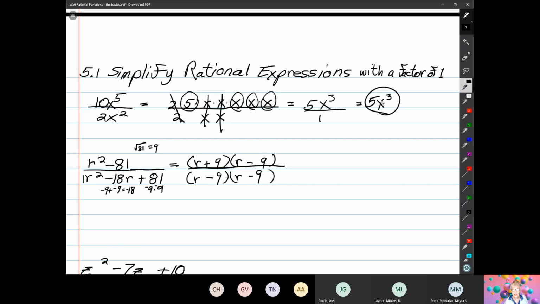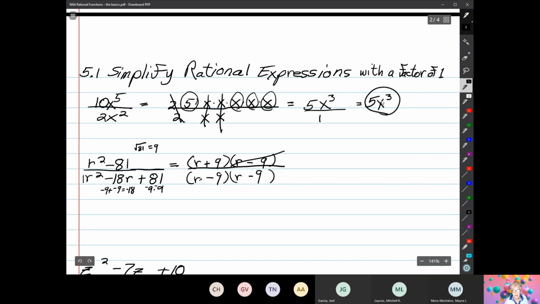All right, up top we have r plus 9 times r minus 9. On the bottom we have r minus 9 times r minus 9. This r minus 9, remember they're grouped together as one thing. This r minus 9 and this r minus 9 will cancel each other.